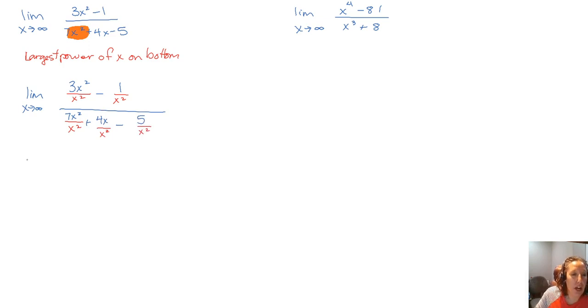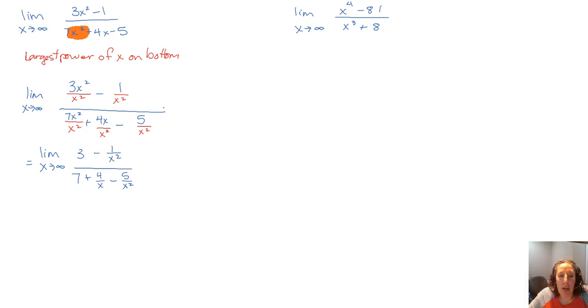So 3x squared over x squared simplifies to just 3 in the numerator, minus 1 over x squared. In the denominator, we're going to get 7 plus 4 over x minus 5 over x squared.